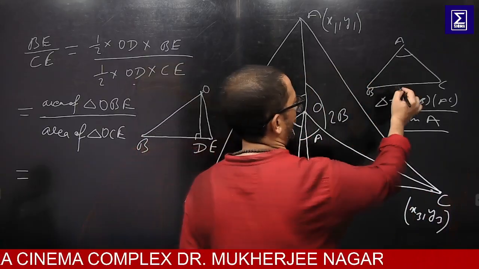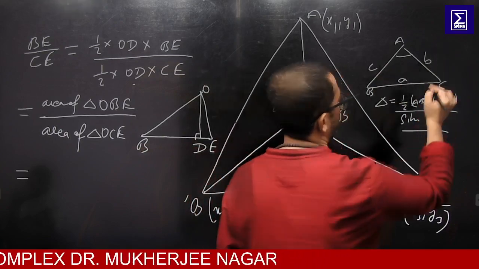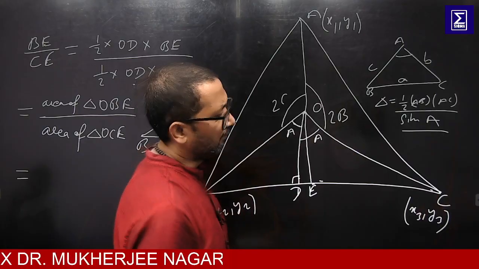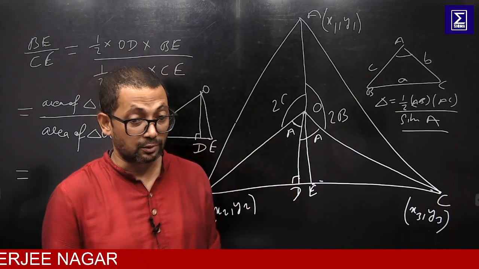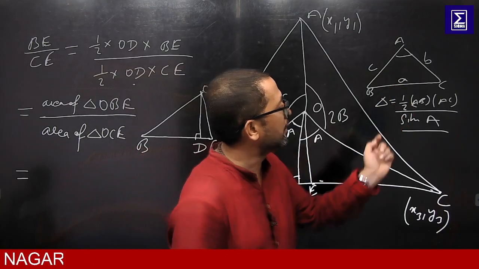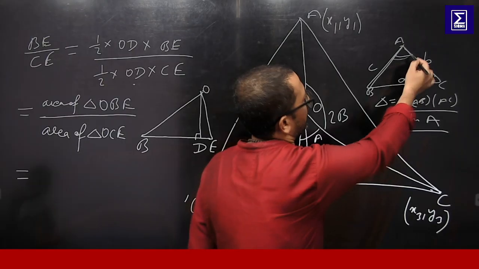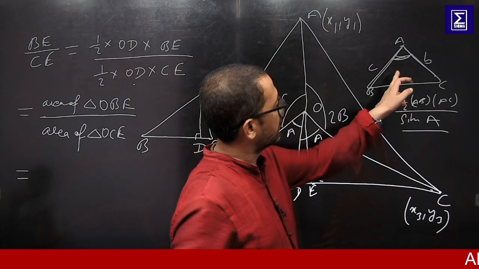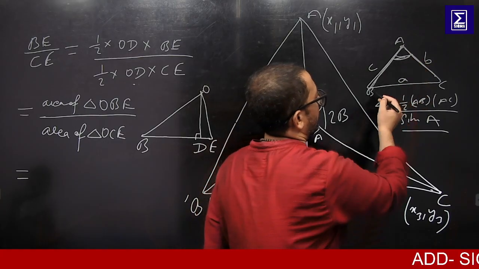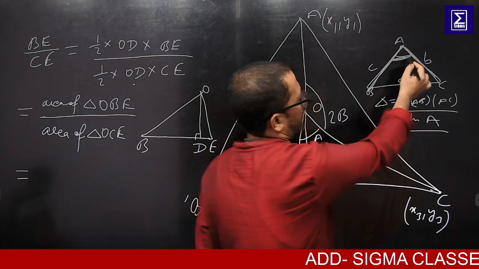If two sides of a triangle are given, and the included angle, then we can get the area of the triangle this way, half times the two sides times the sine of the included angle.